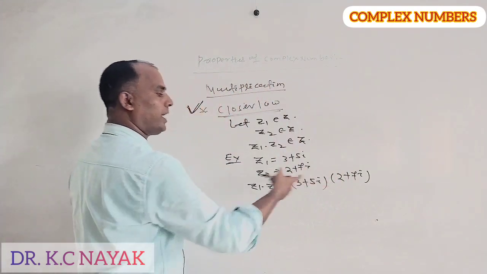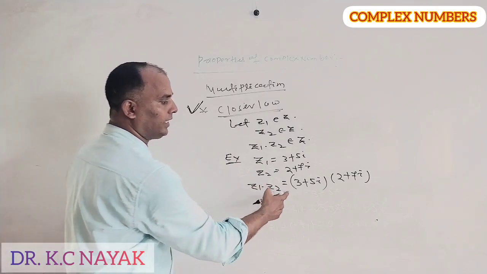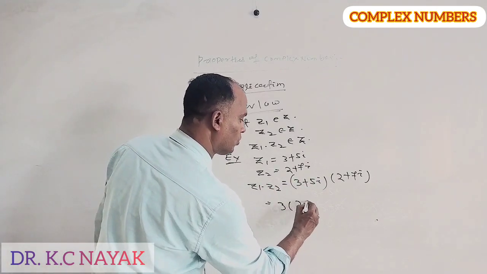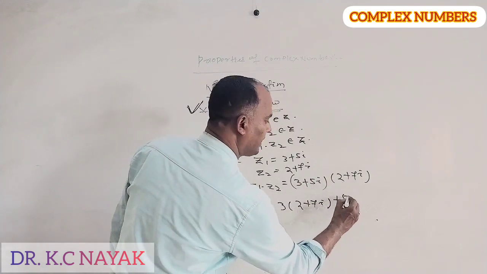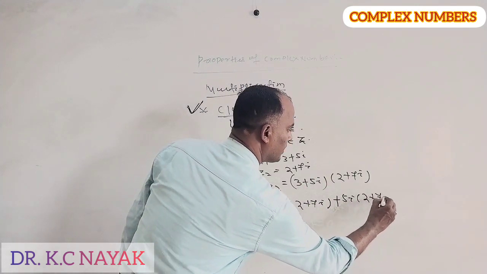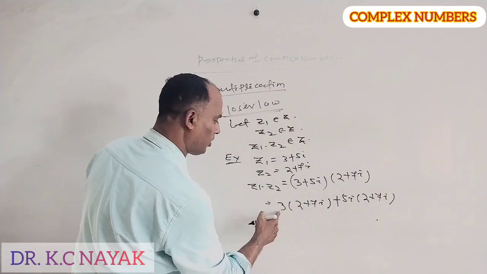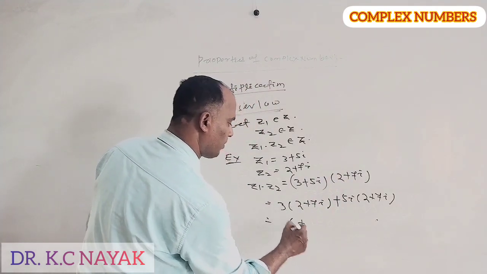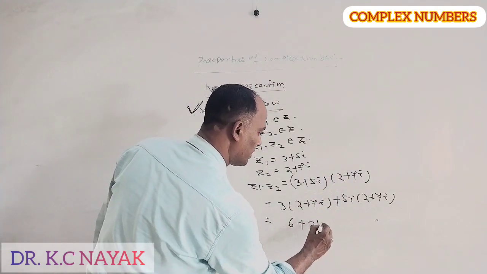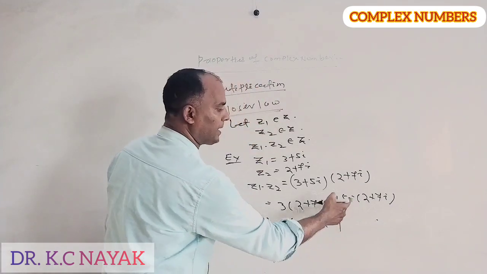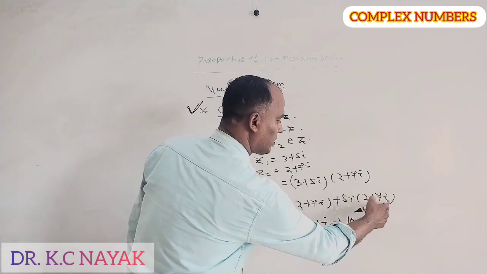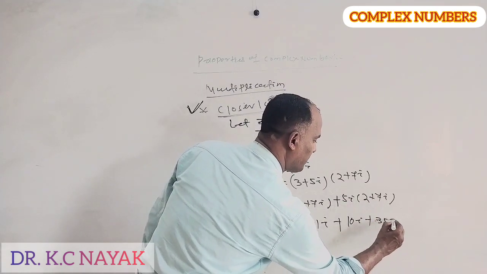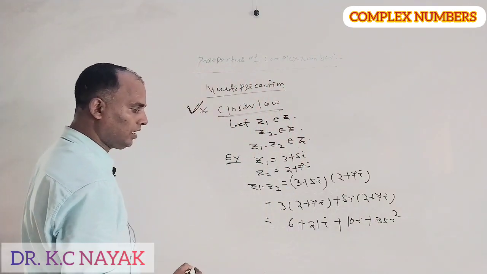So we can apply the product rule here. 3 into 2 plus 7i, again plus 5i into 2 plus 7i. How? 3 into 2 is 6, plus 3 into 7 is 21i, plus 5i into 2 is 10i, plus 5i into 7i is 35i square.